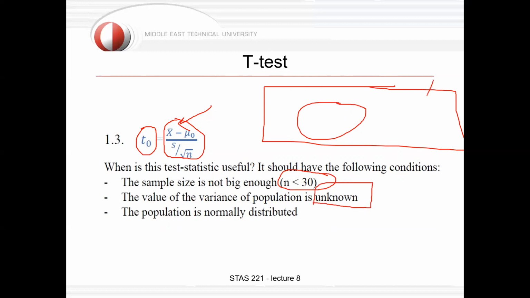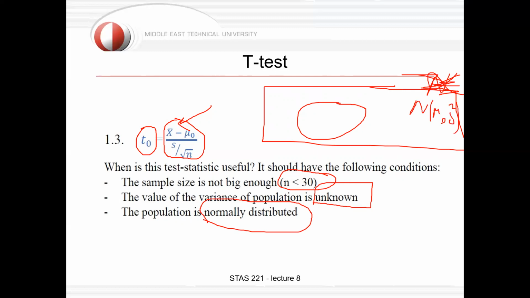I don't even know if it is normally distributed or not. So far we had two problems: the sample size was not big enough and the variance of the population was not known. So what can I do here? The population is normally distributed. So we know that the population is normally distributed, but we don't know the variance.